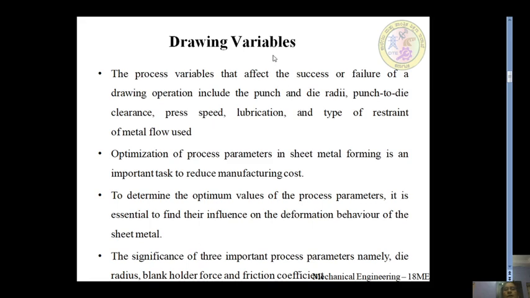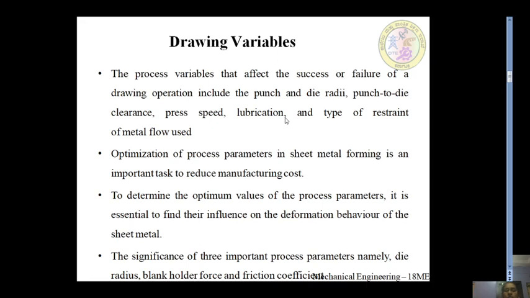Now we will see the variables which are going to affect the drawing operation. The process variables that affect the success or failure of a drawing operation include the punch and die radii, punch to die clearance, press speed, lubrication, and the type of restraint of metal flow used.